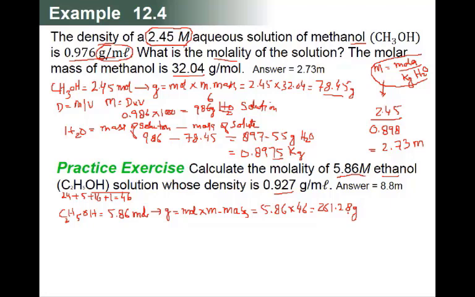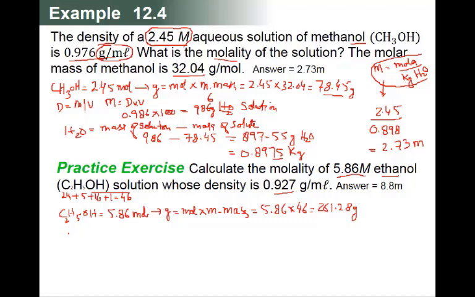Now we calculate the quantity of water. So water will be here again. I will do directly, and because the density is 0.927, this will convert into the gram total mass of the solution. I explained you in the example. Now I will not solve this again.